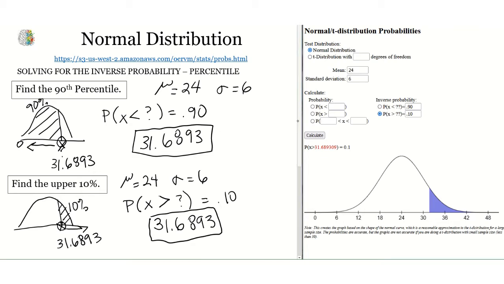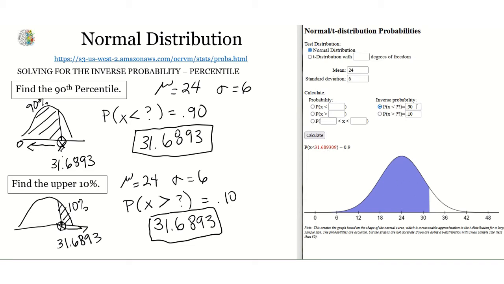If they specifically ask for the upper 10%, then they're asking for a right-tailed test, and they want you to start at a value and go to the right. And you'll notice that if I hit calculate, the numbers are going to be exactly the same.